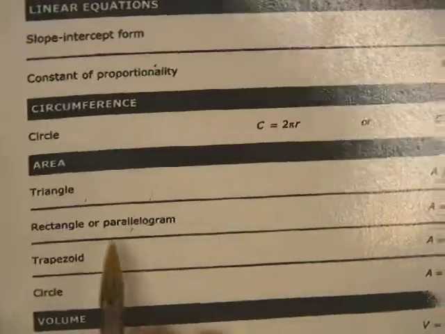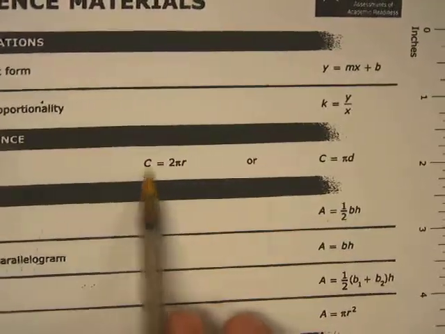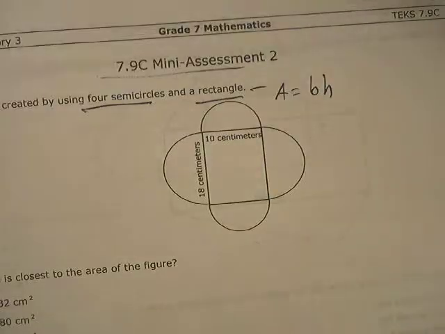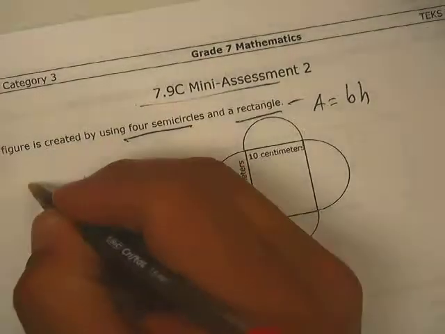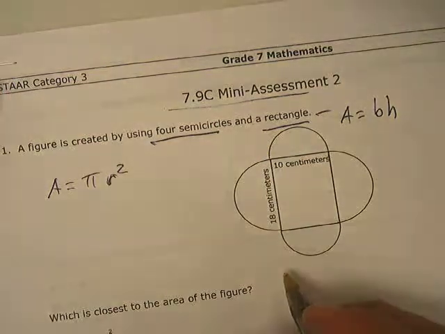Now, there's no formula here for a semicircle, but there's one for a circle. For the area of a circle, we use pi times radius squared. So area is equal to pi times radius squared.